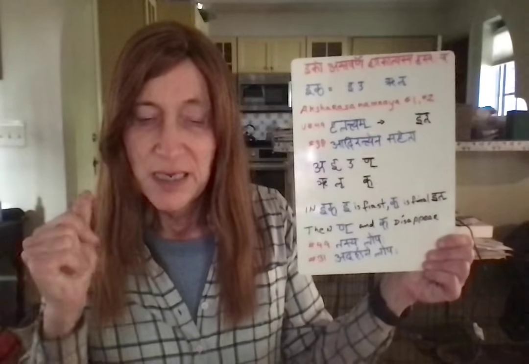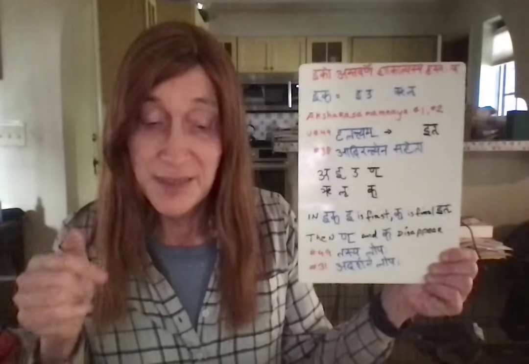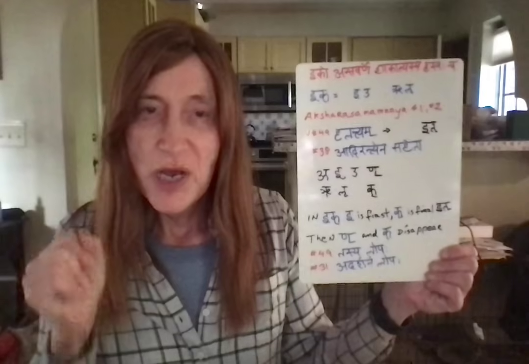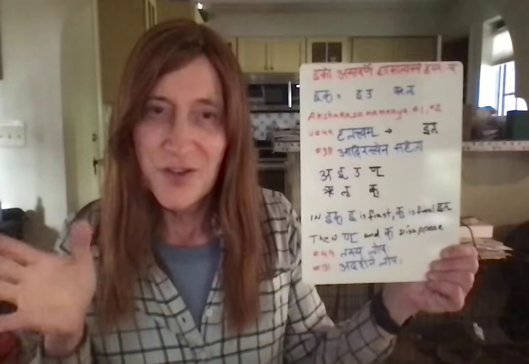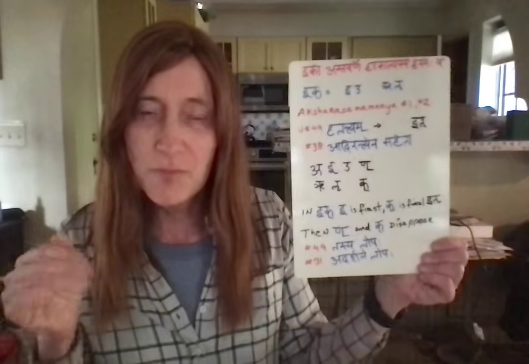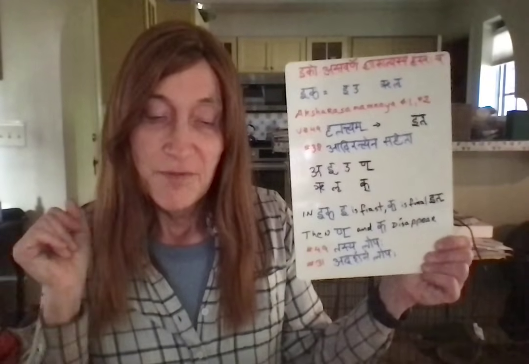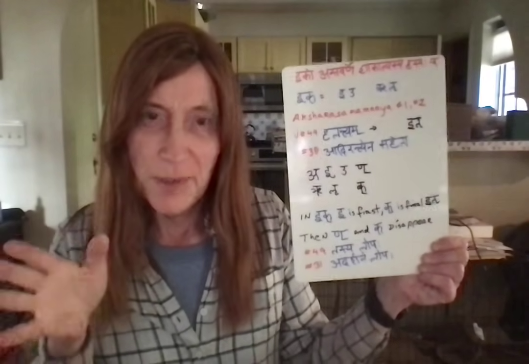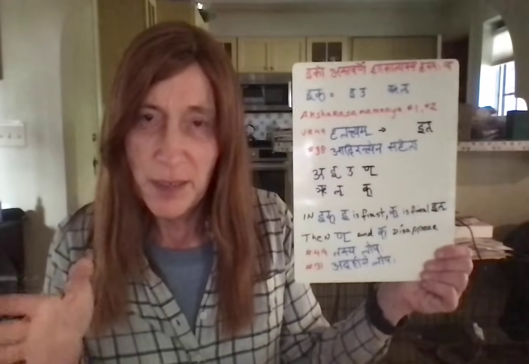Then the next point is that the n and k, the its, once they've done what I call their day jobs, they disappear. And how do they disappear? Video 49, tasya lopaha: they get the name lopa.